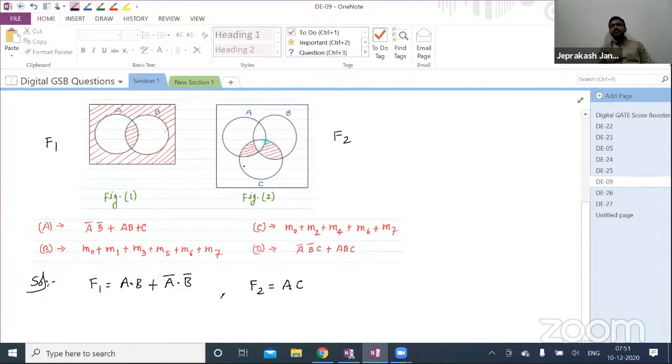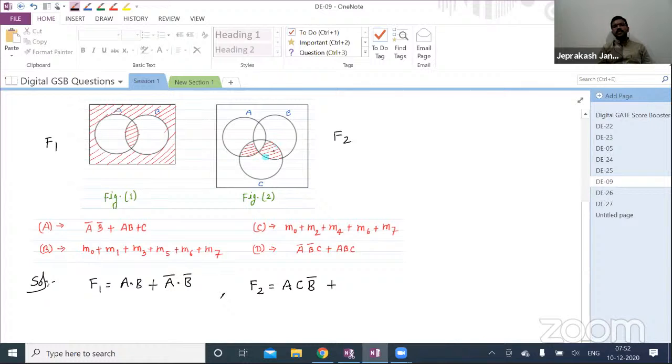No, right? If it were there, then you could say A and C, but this part is not there. That means B part is not covering, so you have to consider A C B bar. Is it clear, everyone? If this part were also shaded, then we would consider A and C intersection.